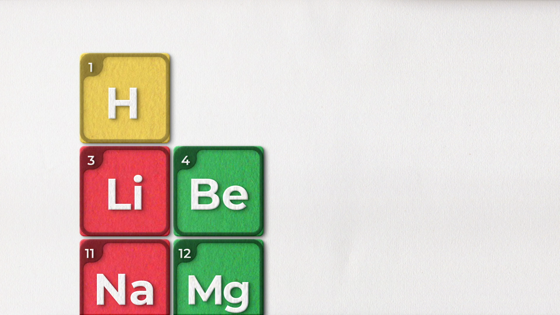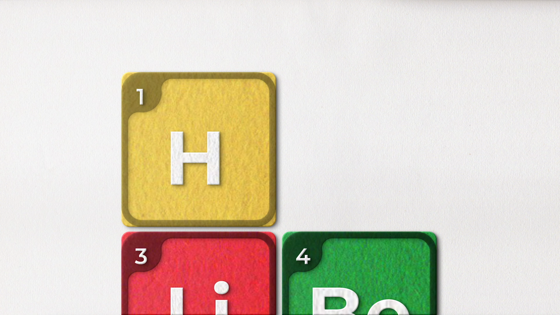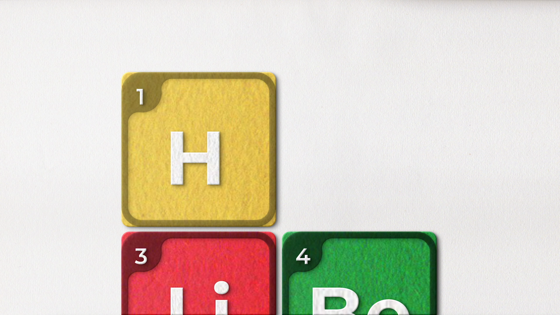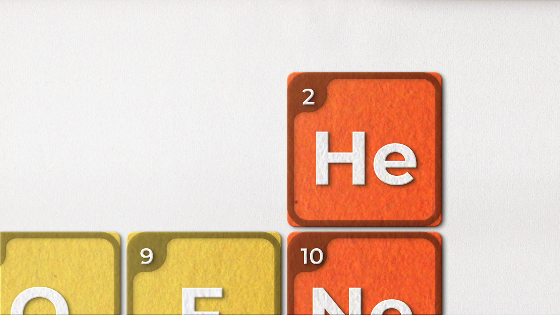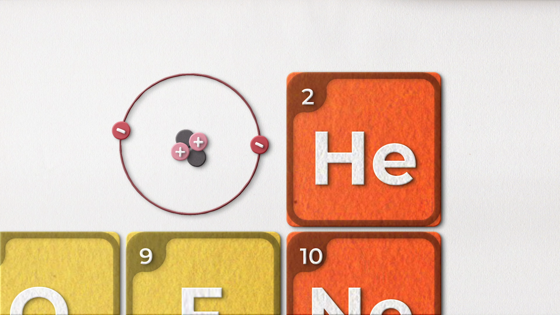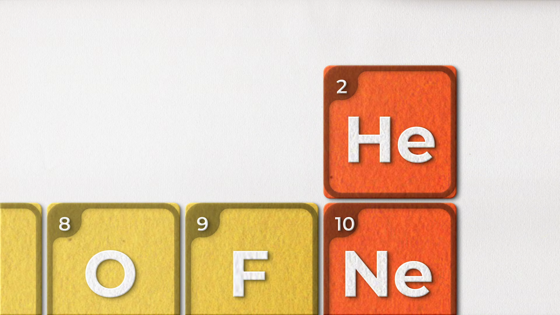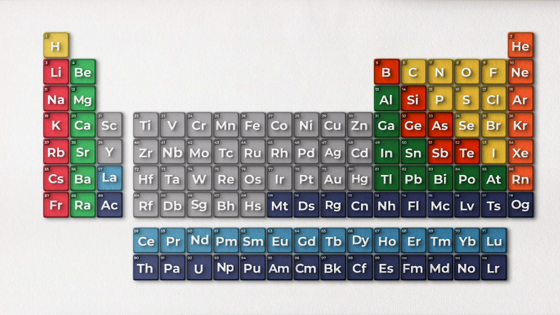Hydrogen is number 1 on the periodic table, meaning it has 1 proton in its nucleus, and its atomic number is 1. Helium is number 2, meaning it has 2 protons in its nucleus, so its atomic number is 2, and so on, all the way to the end of the table.